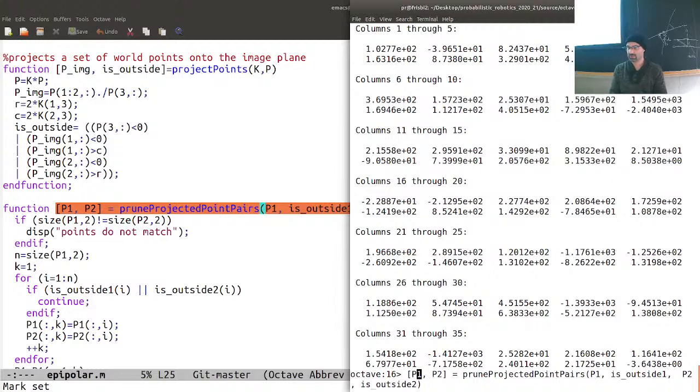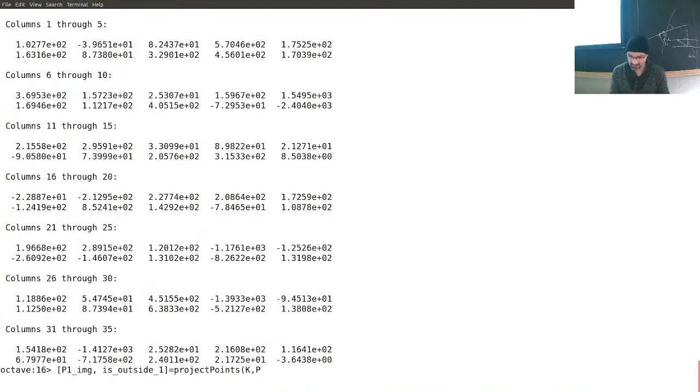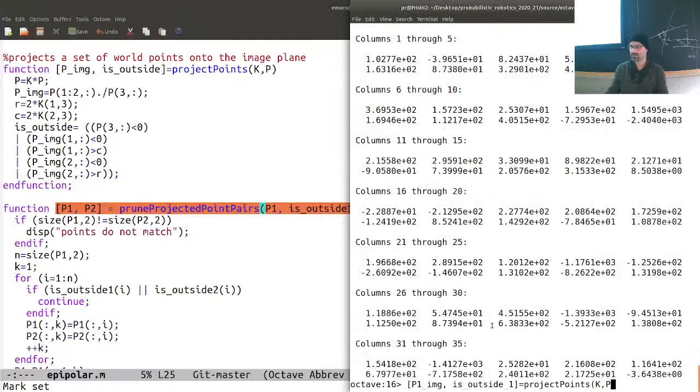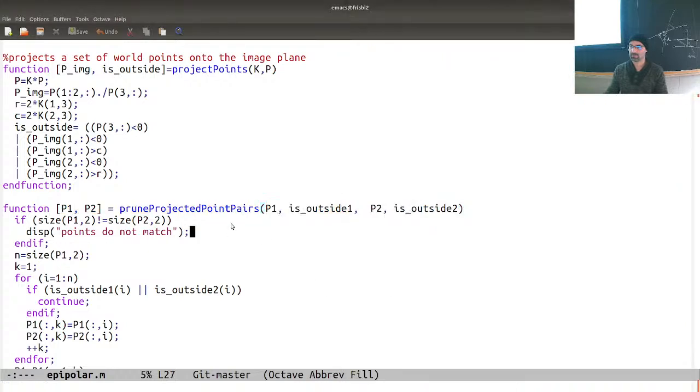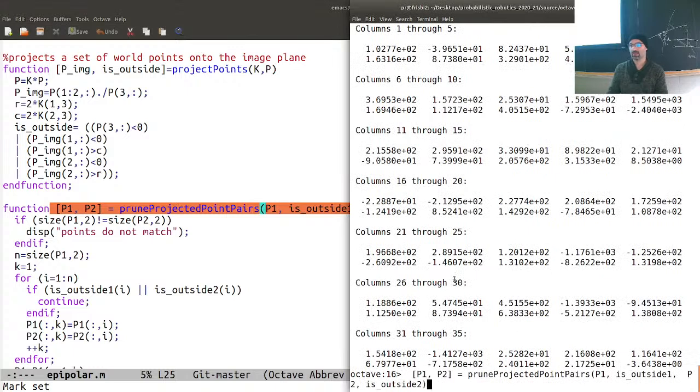P1 EMG. Where was it? F11. So basically, then we call project point base for every solution, and we keep every solution which has the most points in front of the camera.